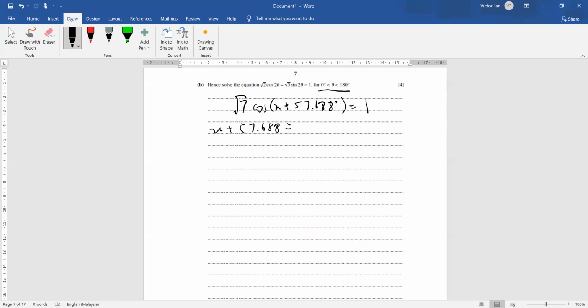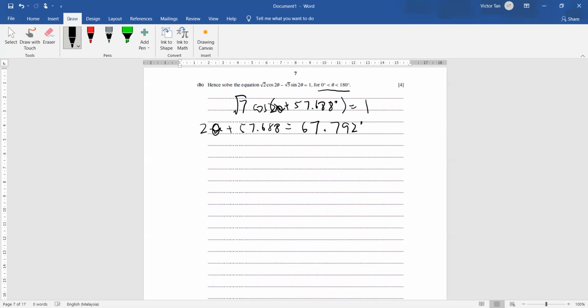So you have 67.8 degrees. I'll put it in 3 significant figures: 67.792 degrees. Hmm, 0 to 180, there will only be one solution. Oh, okay, sorry, this is 2 theta. My bad. So this is 2 theta.